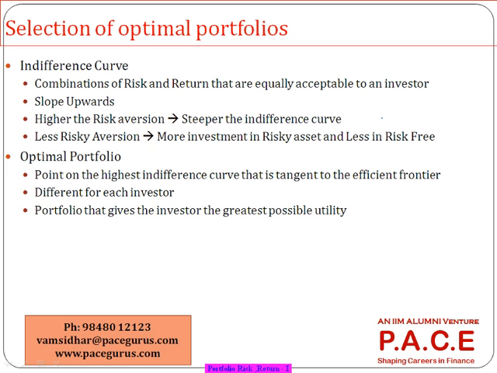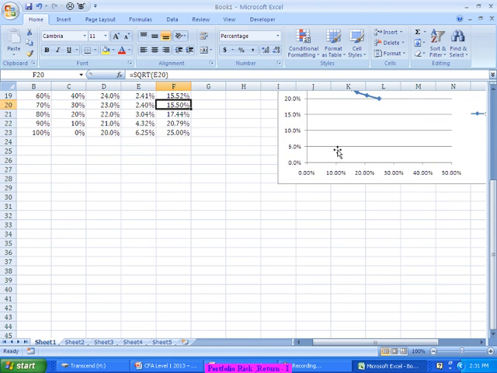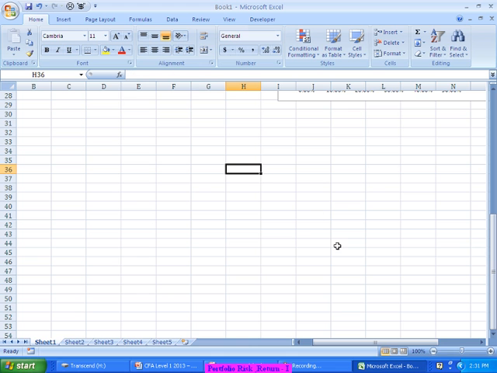So I am taking the case of two sets of investors. One investor may say, okay, the risk is 10%, return is also 10%. Or probably risk is 12%, return is 13%. Risk is 14%, return is 16%. Risk is 16%, return is 20%.